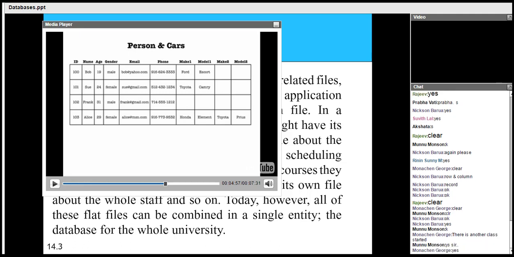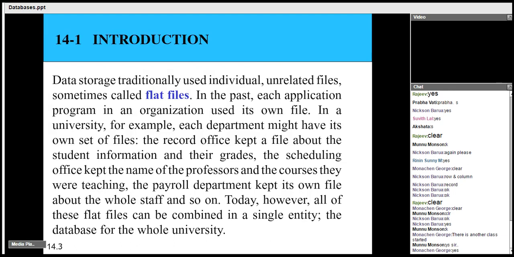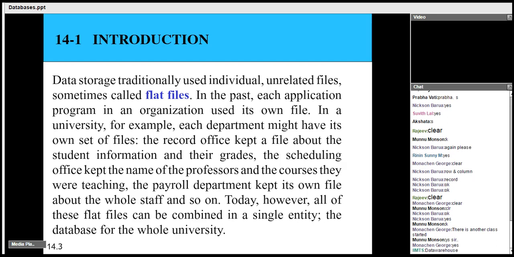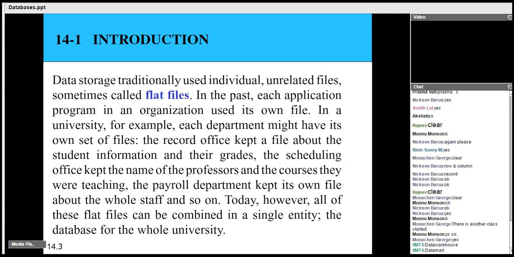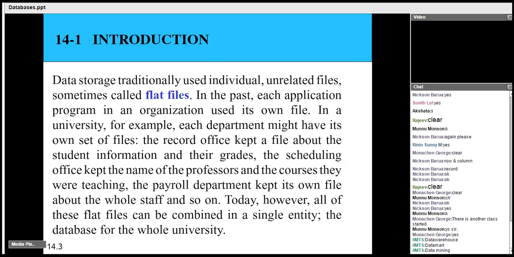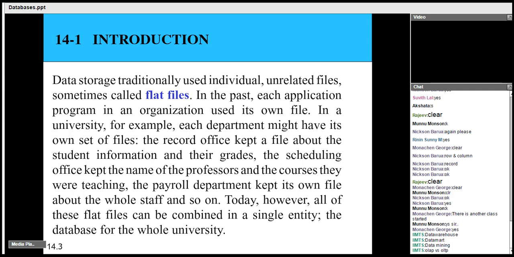What you can do is go through these terms at your end also. I am typing it in the chat box. You can also go at your end and then we can discuss if required. One is data warehouse, then data mart, then data mining, then OLAP versus OLTP.